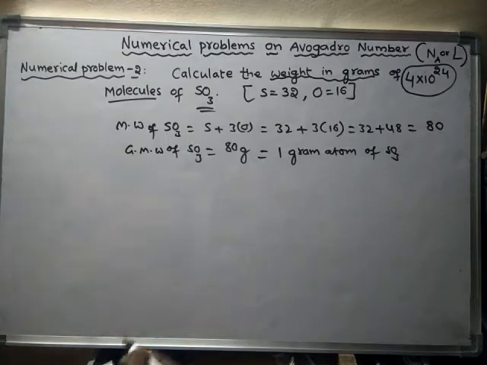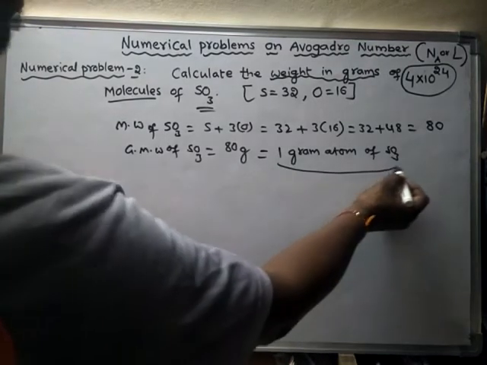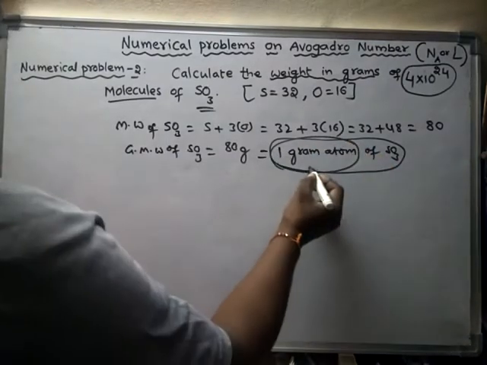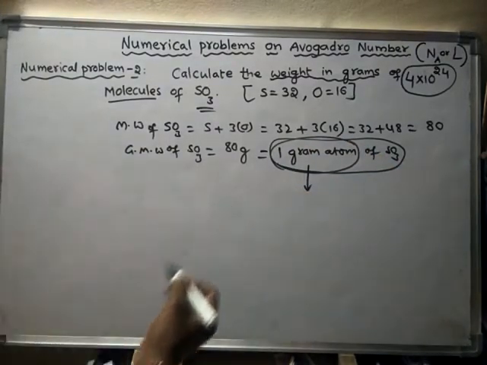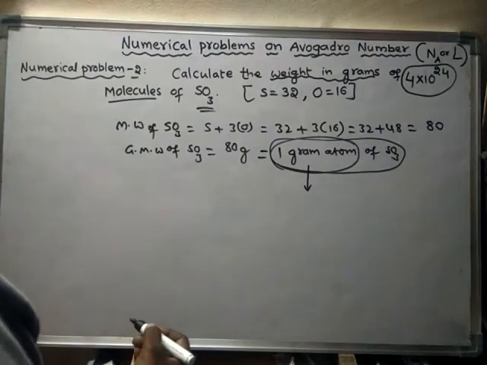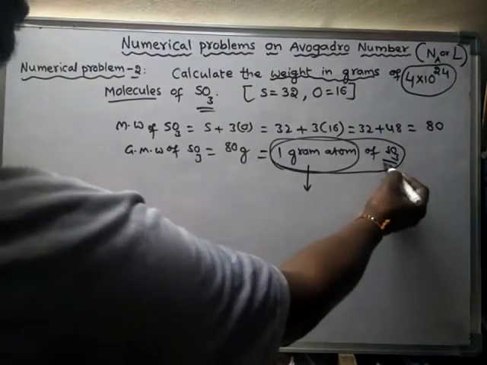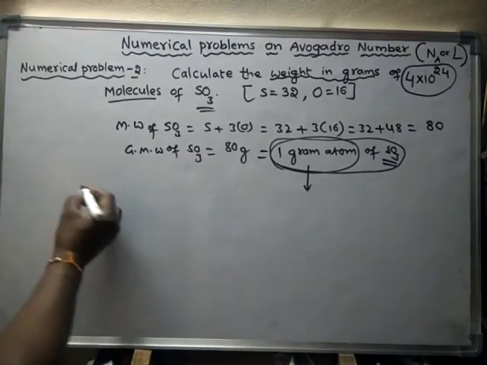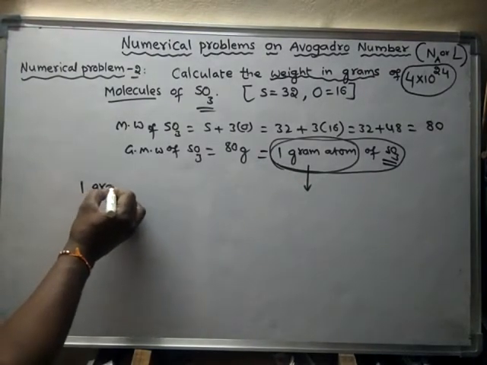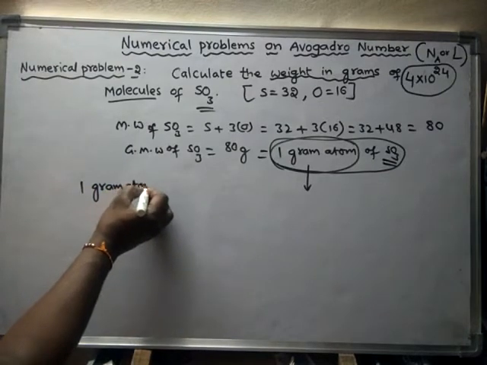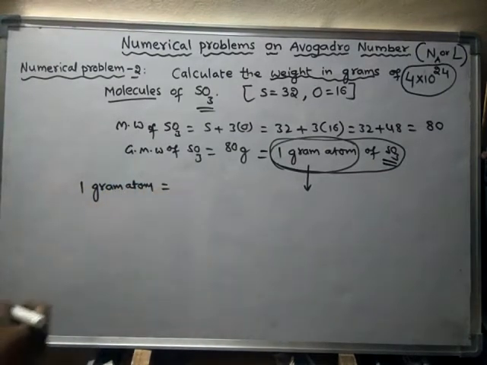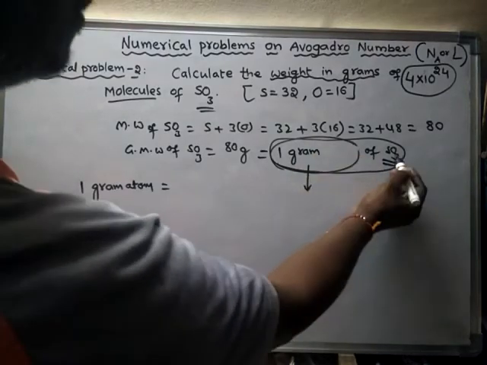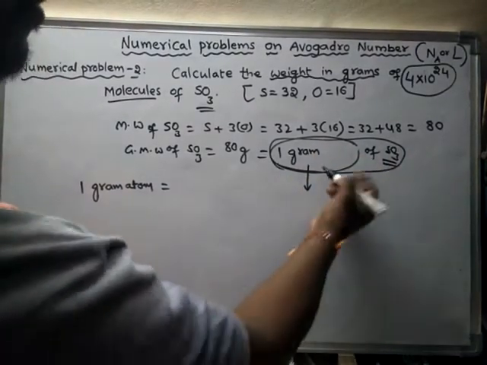Remember that 1 gram atom of any substance contains Avogadro number of particles, Avogadro number of molecules. Here SO3 means molecules, SO3 molecules. See, it is a molecule, it is not an atom.